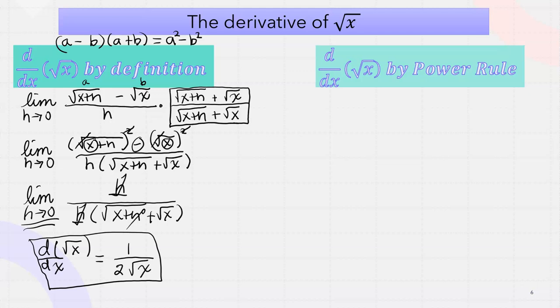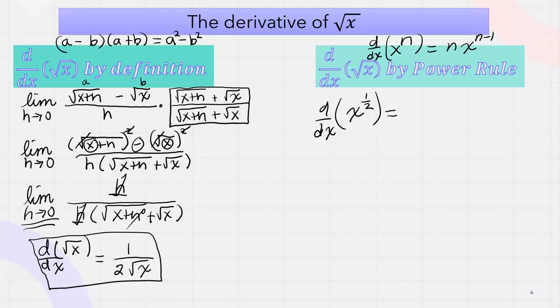Okay, so I started out saying, hey, the power rule actually works for non-integer numbers as well. So what does that mean? The square root of x can be written as x to the 1/2 power. So if you were to take the derivative of x to the 1/2 power, remember, the power rule says the derivative of x to the n power would be n times x to the n minus 1.